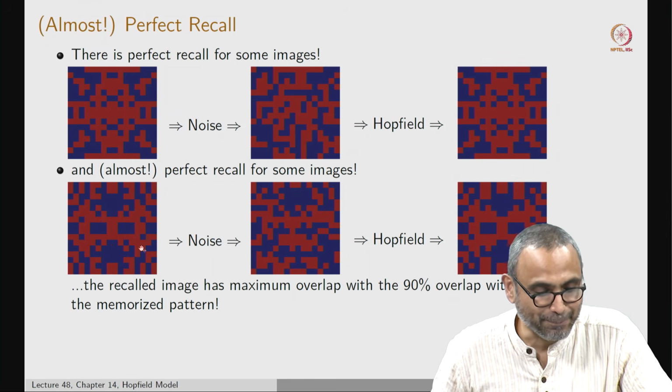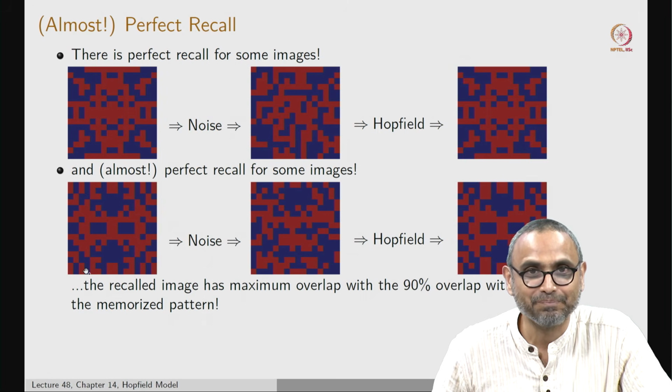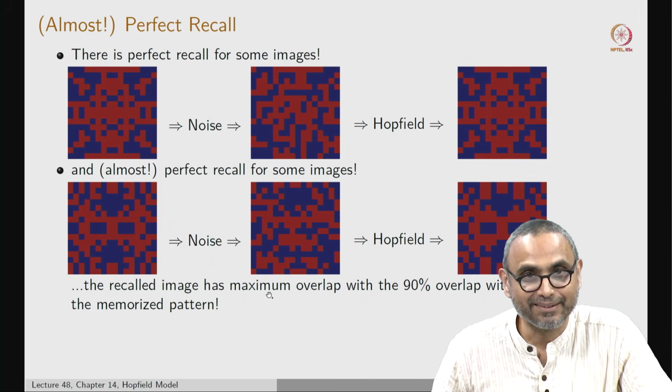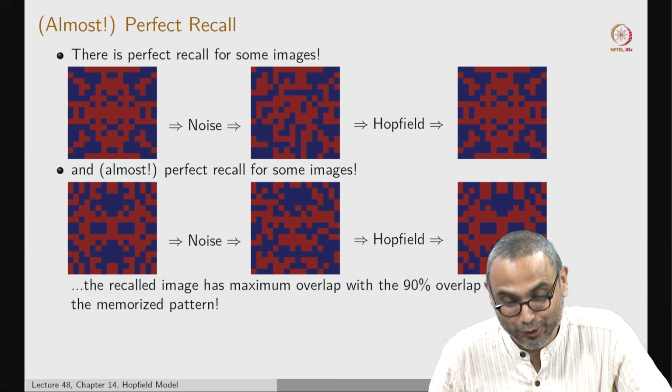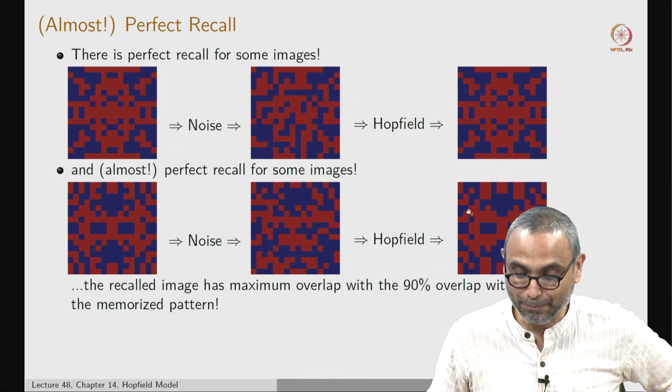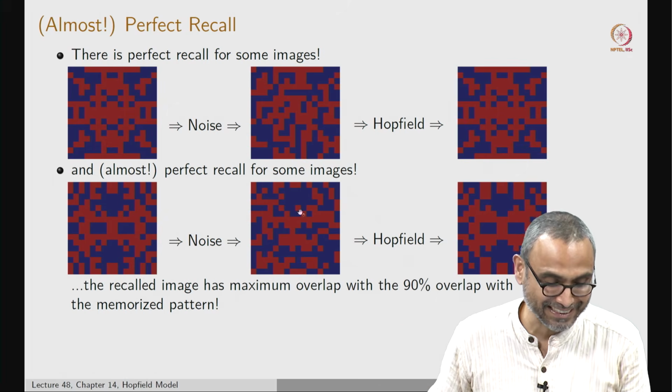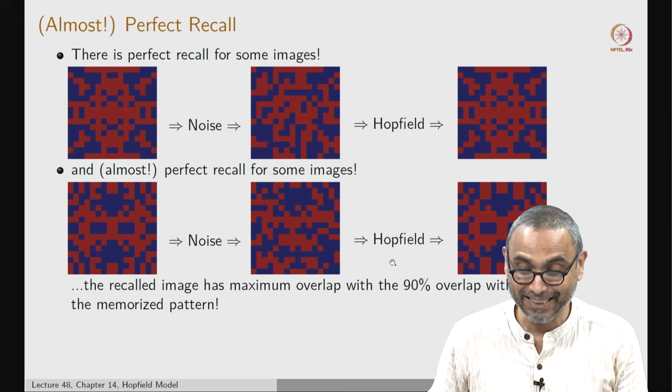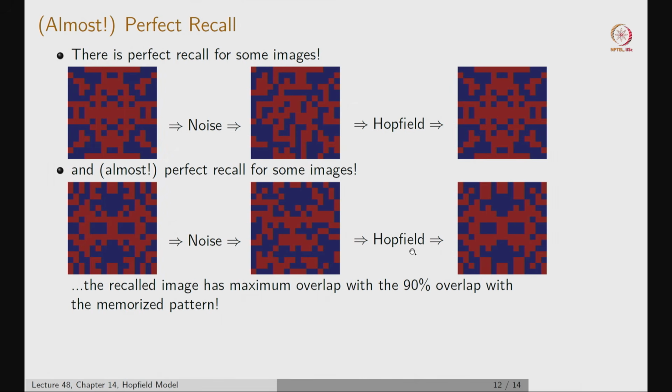Take this particular pattern, which is a memorized pattern, and add noise to it. It goes to a pattern that more or less looks like the pattern we started with, but it is not exactly the same pattern. For example, I can show you one difference here. Look at this: this is dark and that is blue and that is red, but if you look at the same thing here, this is still red.